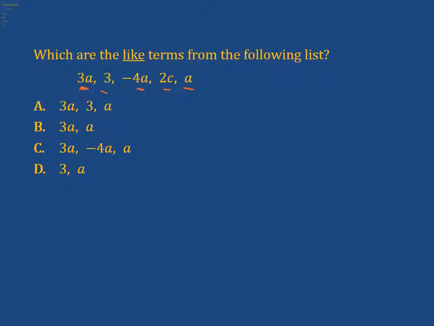We've got the ones that have the a in there: the 3a, the -4a, and 1a, which would be C. They're our like terms. It can't be A, for example, because that's a number, whereas the other ones are a's. These are like terms, but it's missing one of them. That's a number, that's an a. So they're different. They're not like terms.